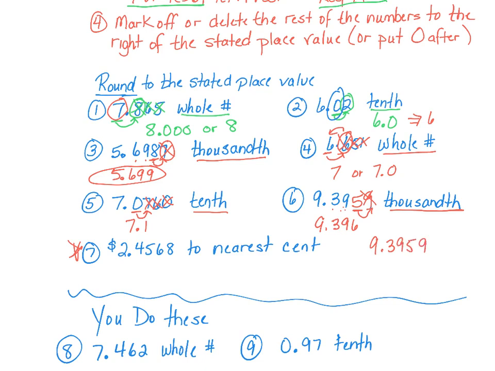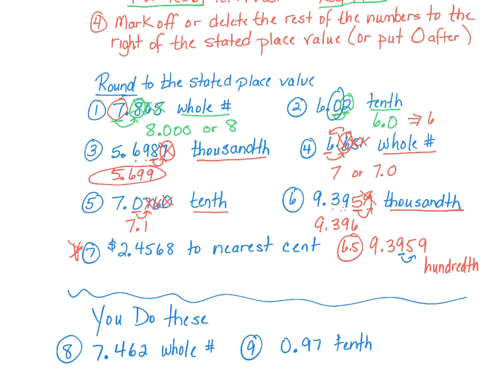9.3959. This time we're going to go to the nearest hundredth. Okay, this is what I wanted to show you. So make this problem number 6.5. If I underline the hundredth position, that's this one, okay? I look to the number to the right of it.